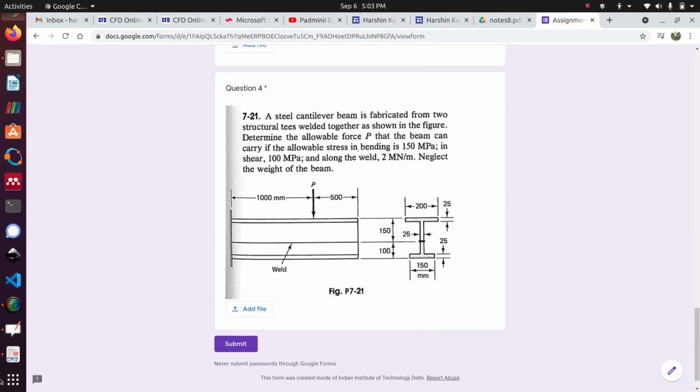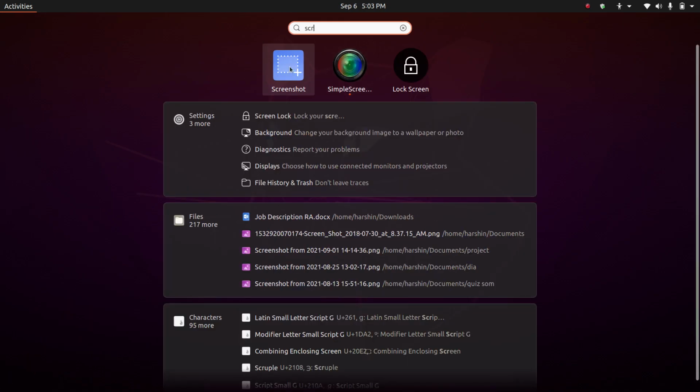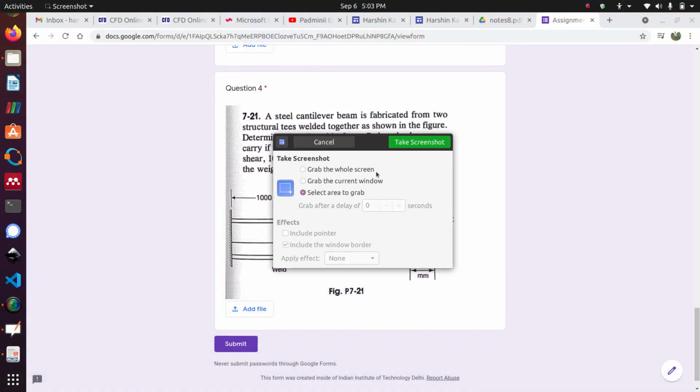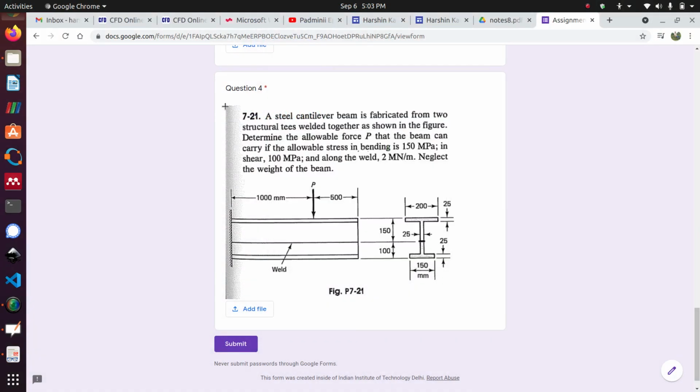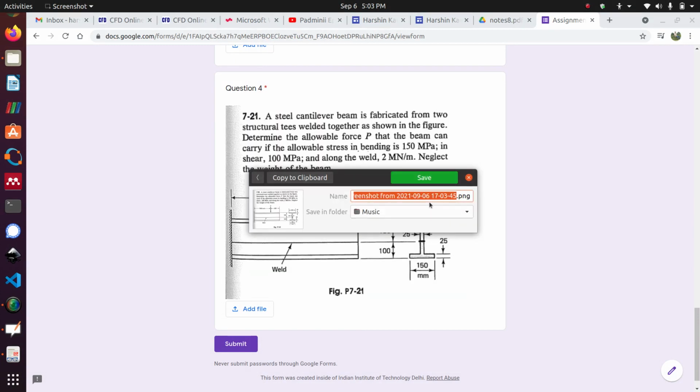Now let's take the next problem. This problem seems to be a little more interesting and maybe not as straightforward as the previous problem.